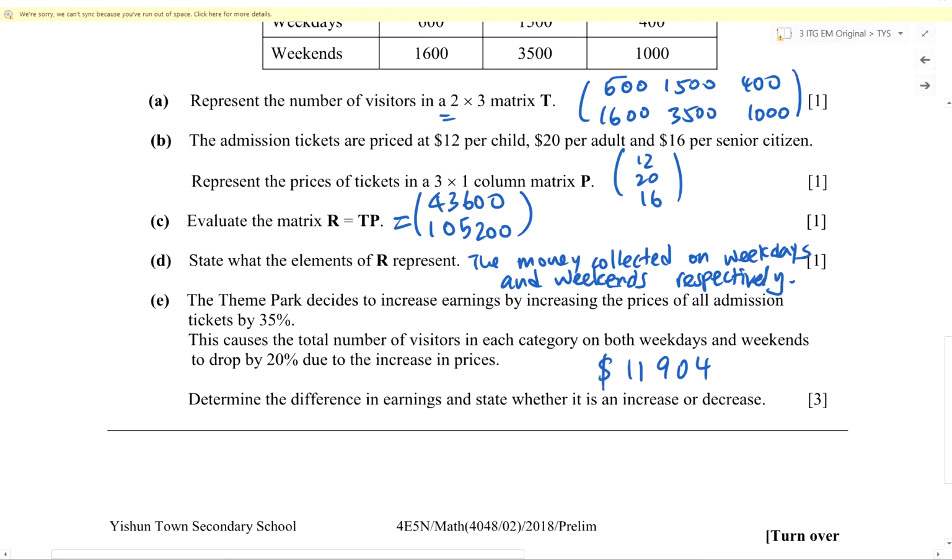Okay, so this is an increase of 11904. Yes? You mean over here? Yeah. Thank you. Total. You should put total.